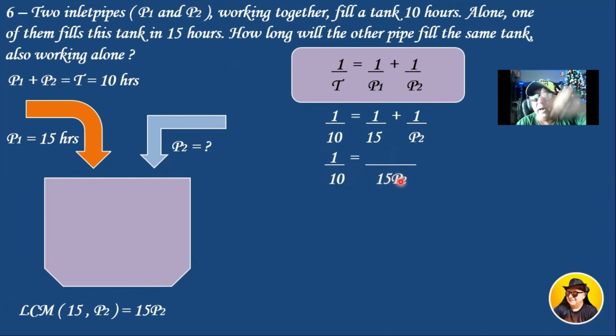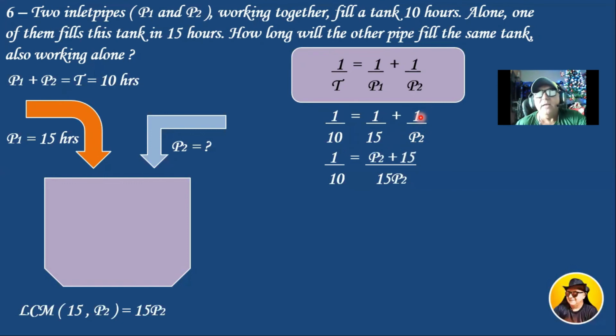Let's divide and multiply. 15 P2 divided by 15 is P2. P2 times 1 is P2, okay? And 15 P2 divided by P2 is 15. 15 times 1 is 15, okay, plus 15.